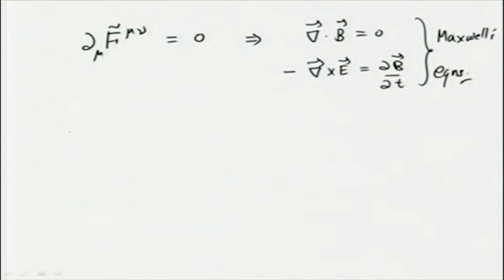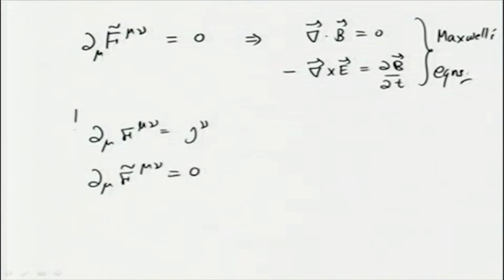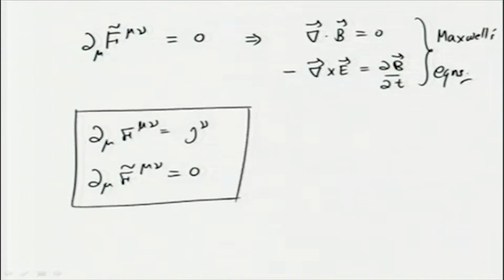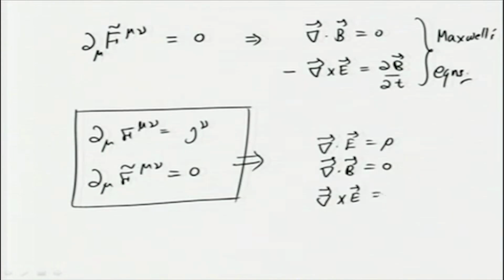So, together with the earlier dou mu F mu nu equal to J nu, dou mu F tilde mu nu equal to 0 for any nu gives you divergence of E equal to rho, divergence of B equal to 0, curl of E equal to minus dou B by dou t, curl of B which we got earlier is equal to J plus dou E by dou t.